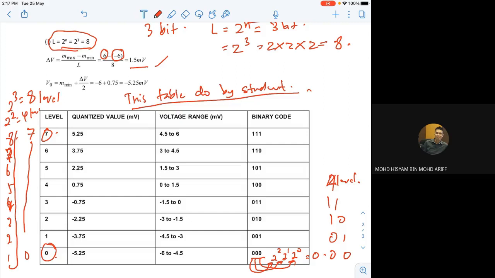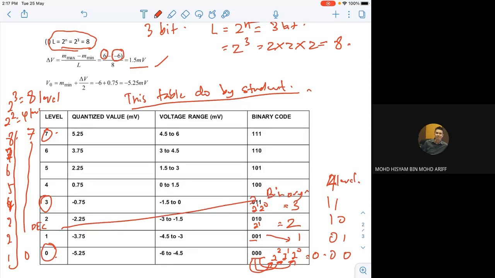How about level 1? 0 0 1 means 2 power of 0, which equals 1, and the rest remain 0. Next, 2 power of 1 equals 2. Then 2 power of 0 plus 2 power of 1 gives you 3. Same value. If you don't understand, convert decimal to binary.